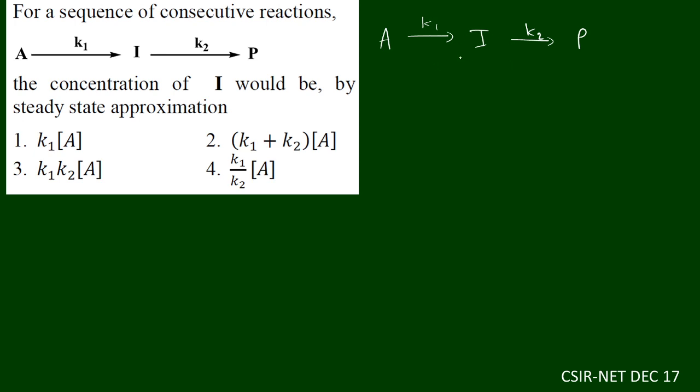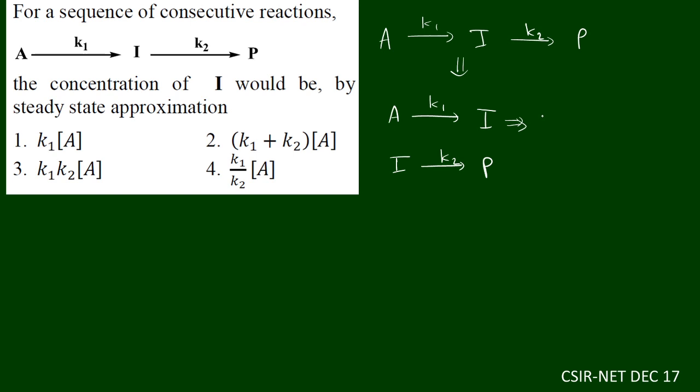This reaction can be written as A gives intermediate with K1, then I gives product P with K2. We have to find the concentration of intermediate. In the first reaction the intermediate is forming.